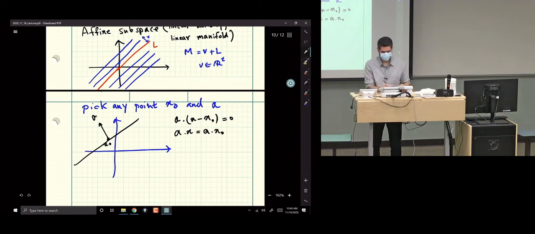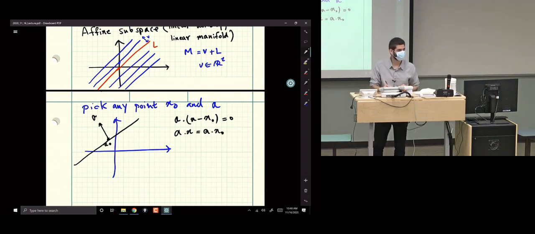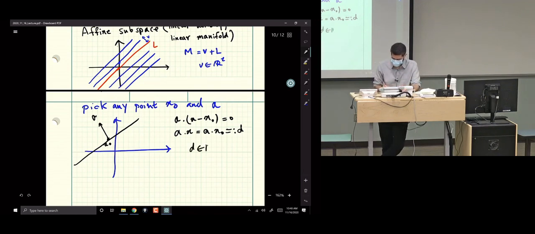Now remember, x is an arbitrary point. x0 is a specific point. It has a value. And then let's define this to be a constant like d. Just whatever it is, A dot x0 is just a scalar number. d is a real number.